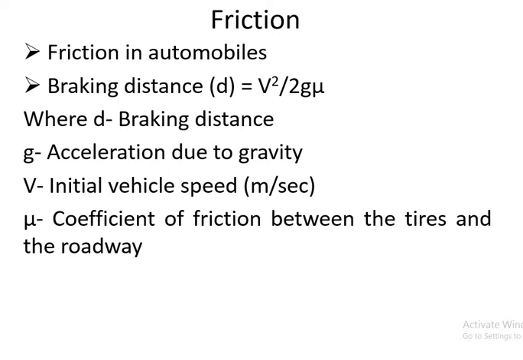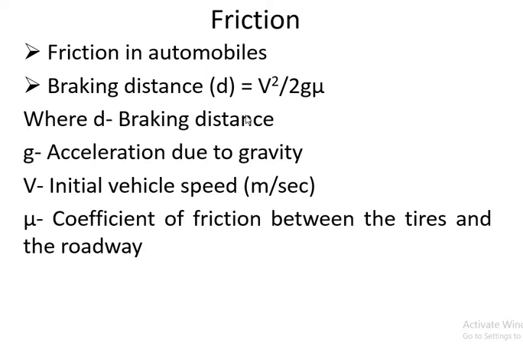So how do we consider the braking distance in relation to friction? The formula of the braking distance for automobiles is d equal to v square divided by twice g mu. Mu is the coefficient of friction between the tires and the roadway, d is the braking distance, g is the acceleration due to gravity, and v is the initial speed in meters per second.